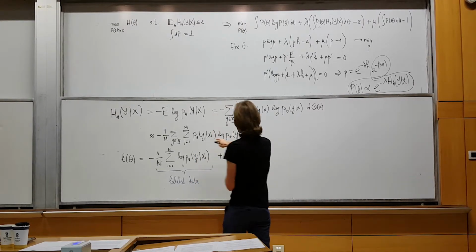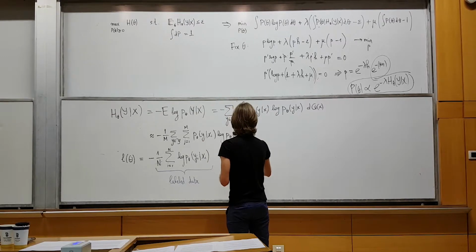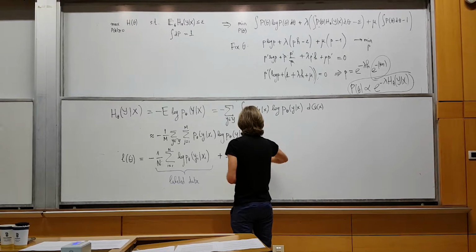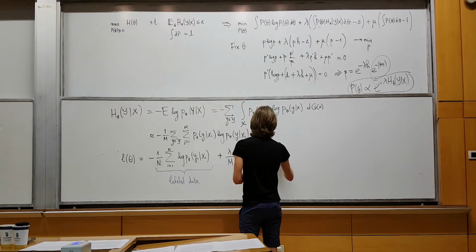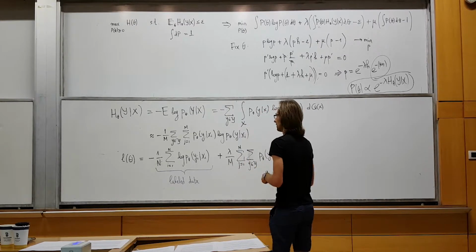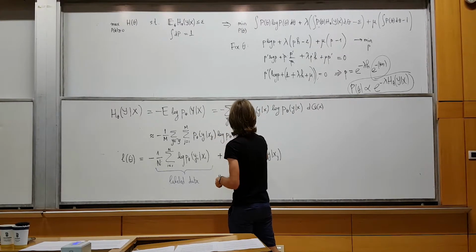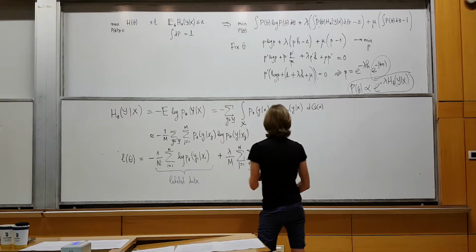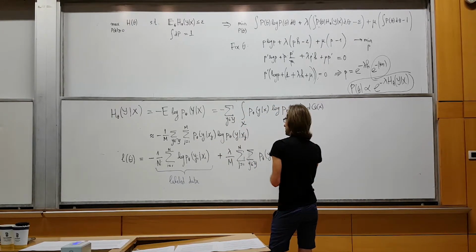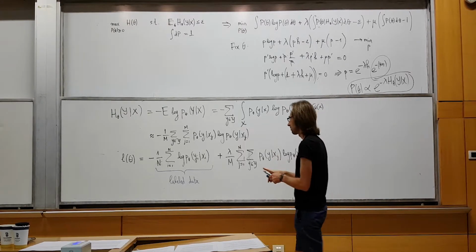And what is written here is this estimation of the entropy, sum over y, p theta y given xj log p theta y given xj. Here it's xj, of course. The sum is over j. Okay, and this comes from unlabeled data.